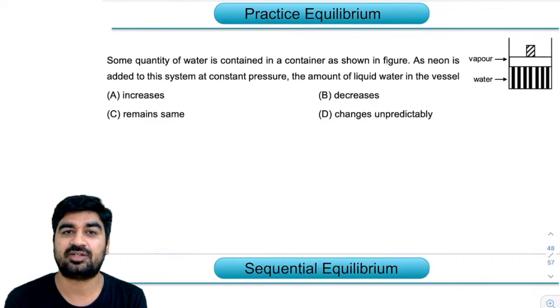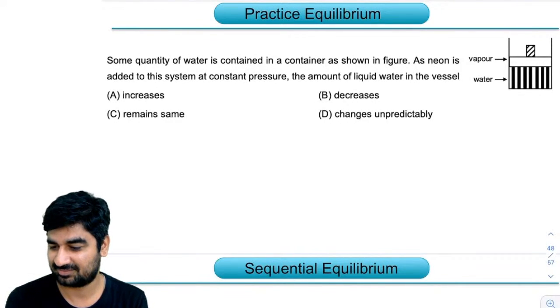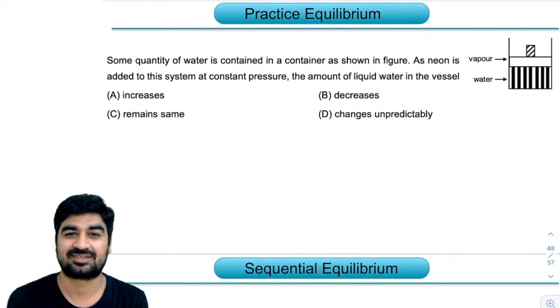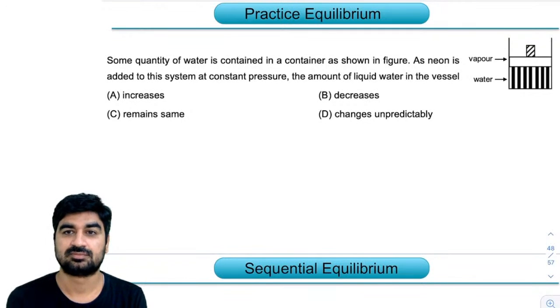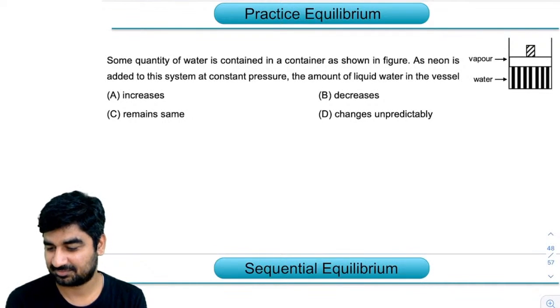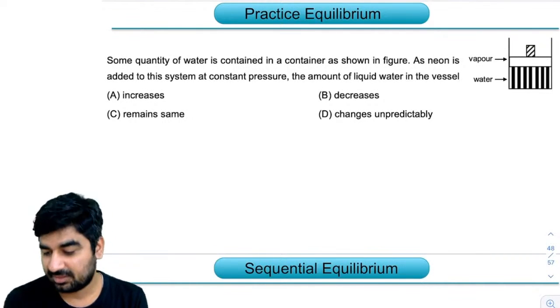So as neon is added to the system at constant pressure, so the amount of liquid water in the vessel, do it. Yes, do it.